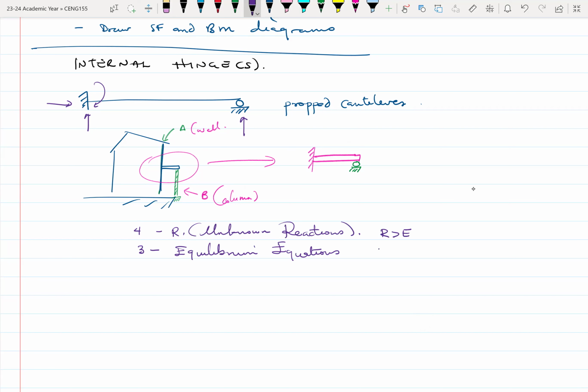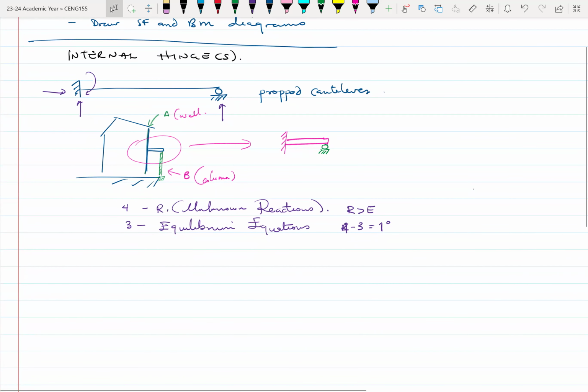The degree of indeterminacy will be the difference between the two. So 4 minus 3 gives me 1, which gives me the first degree of indeterminacy. So this is statically indeterminate, right?